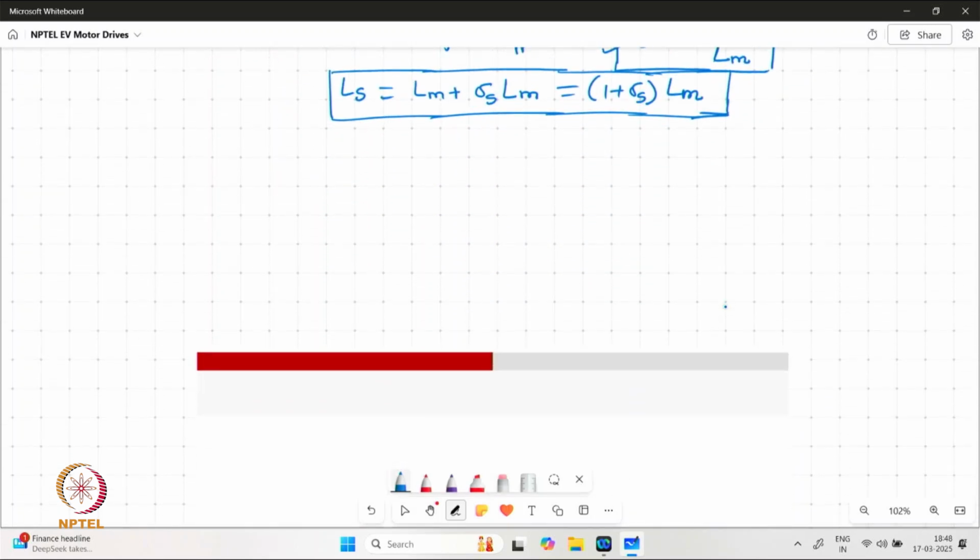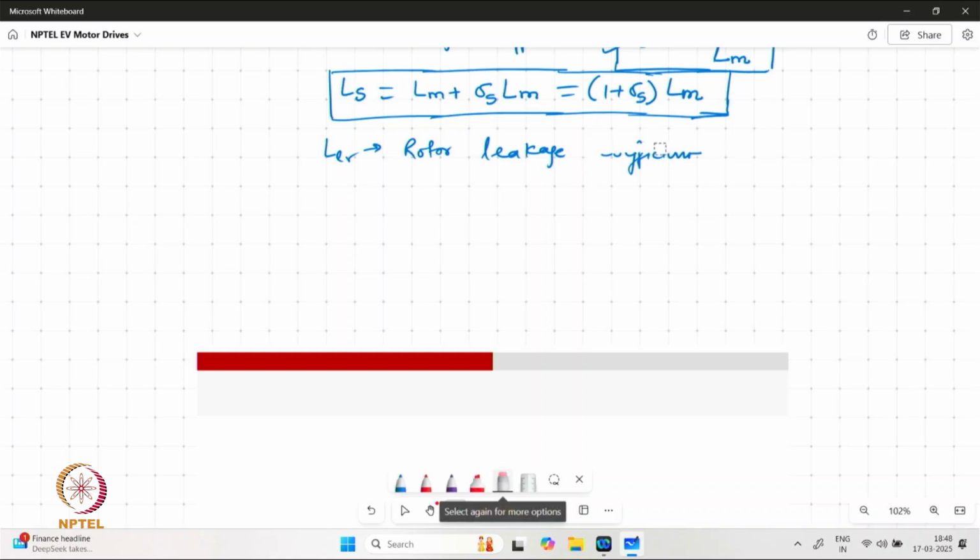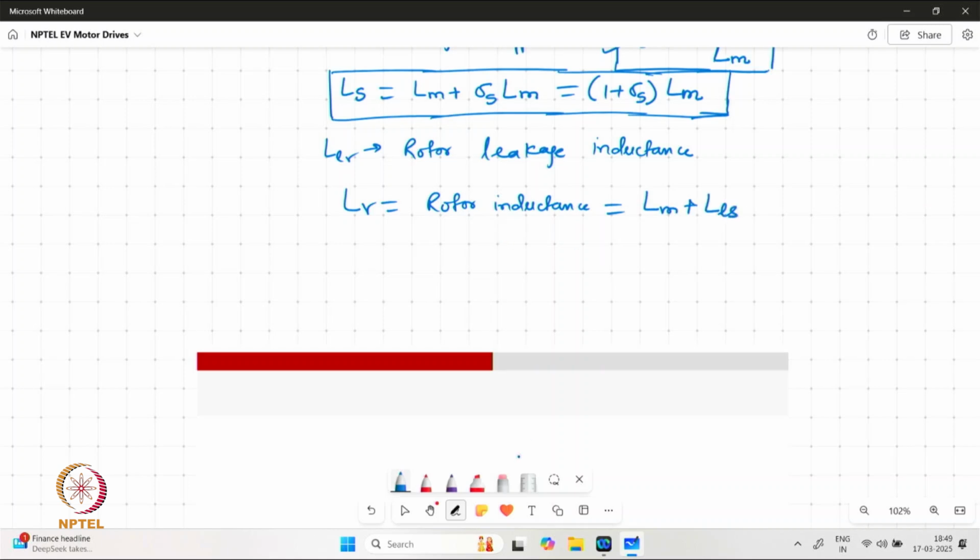Similarly, we can proceed and include the rotor leakage inductance basically, and we can define rotor inductance, which is sum of magnetizing inductance and rotor leakage inductance.